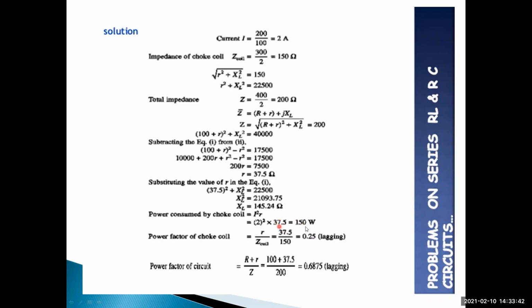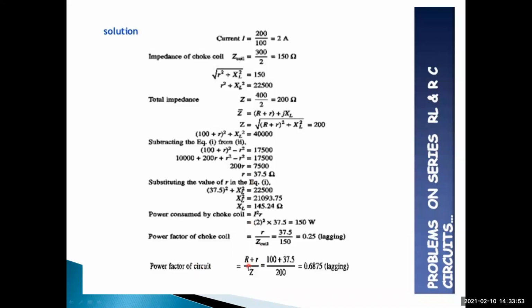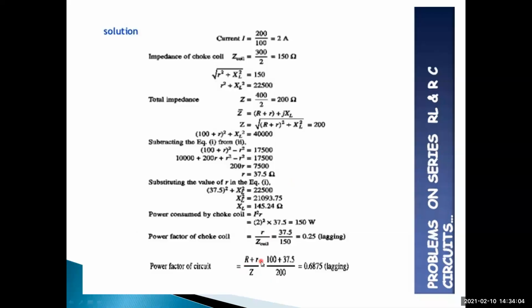This is the power consumed by the choke coil and the power factor of the choke coil. And the power factor of the circuit is the total resistance by impedance. Total resistance is this resistance and this resistance added together, R plus r.